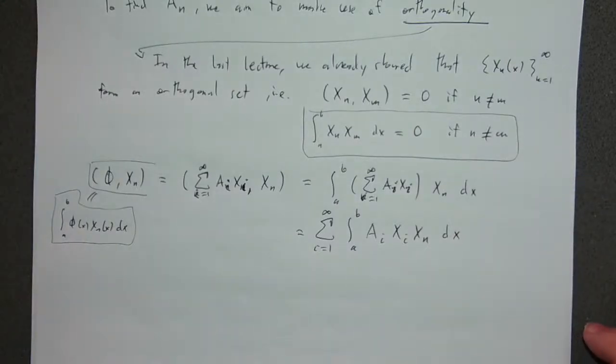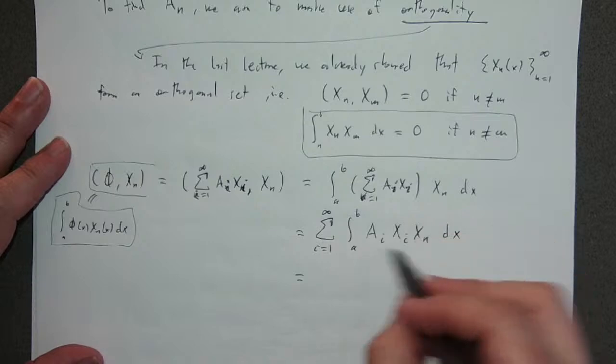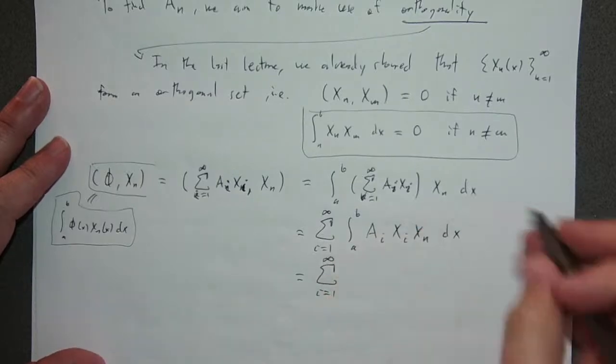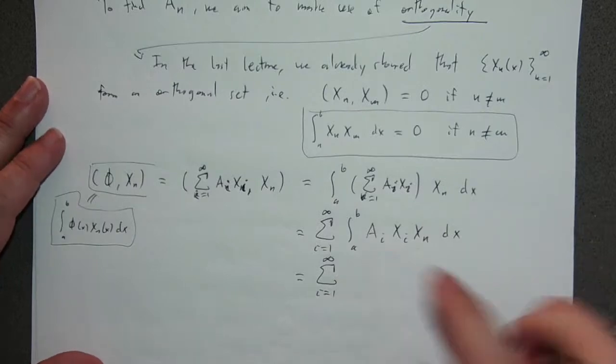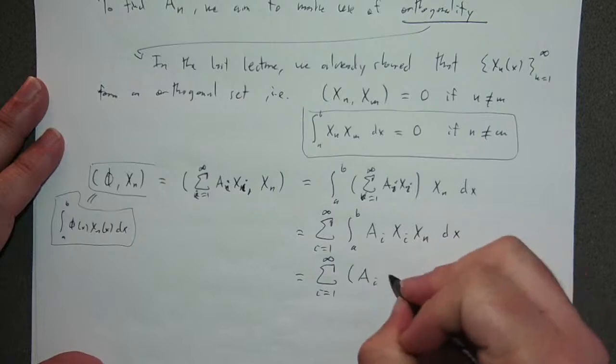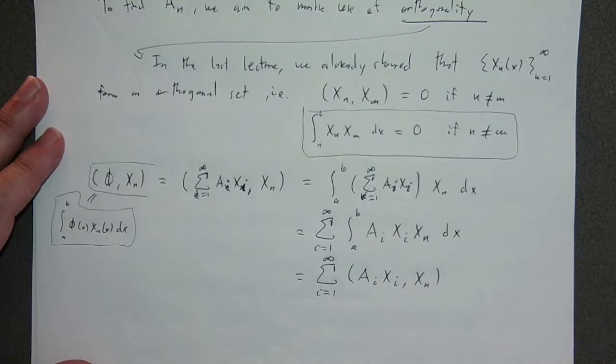Which I can rewrite as the sum from I equals 1 to infinity of the inner product of a sub I x sub I and x sub n.